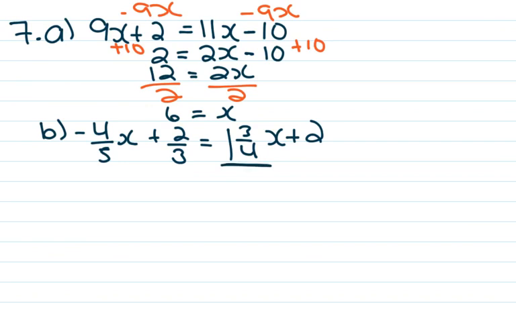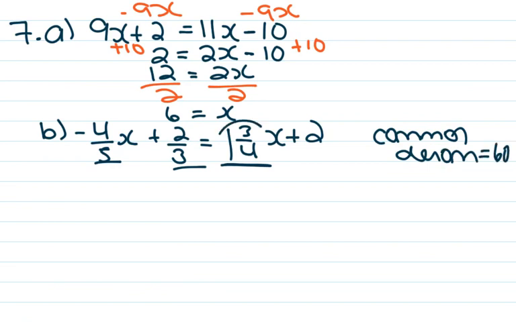So a common denominator of 5, 3, and 4 would be 60. And 1 3/4 as an improper fraction would be 4 plus 3, which is 7/4. So I'm going to take each term and multiply it by 60.